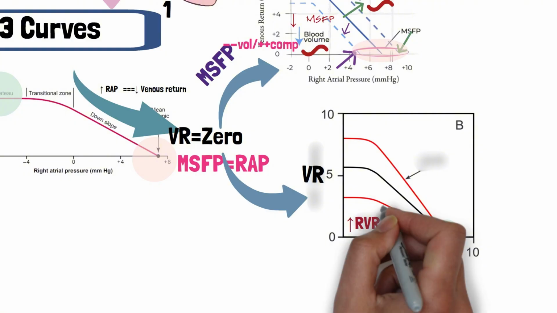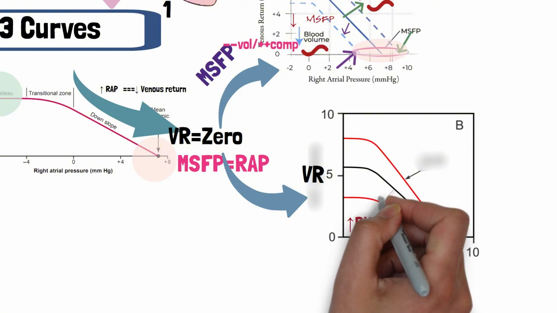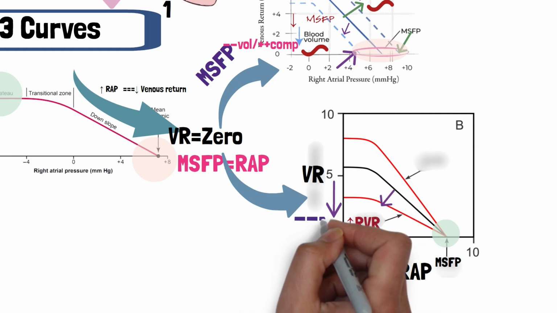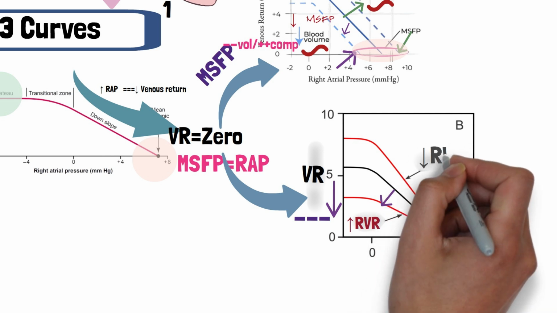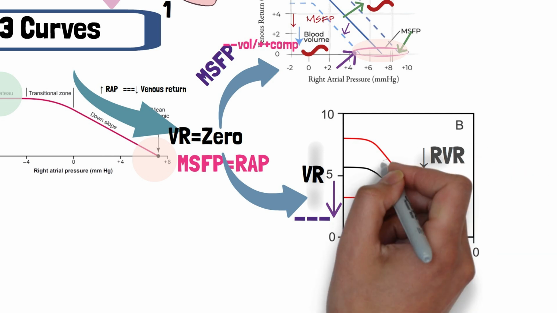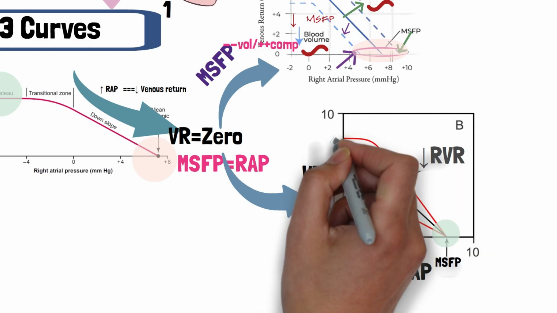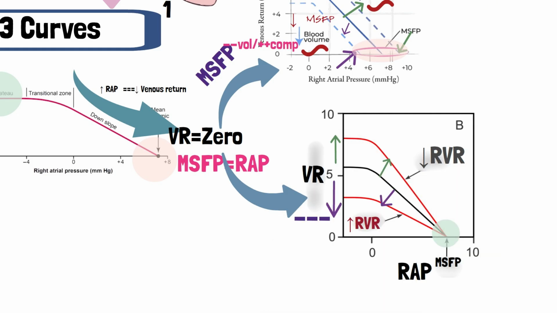The venous return value will decrease at the same right atrial pressures. The opposite occurs if we decrease the resistance to the venous return: the slope will increase, since more blood will return to the right atrium.